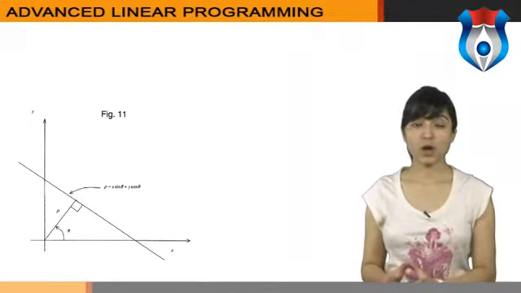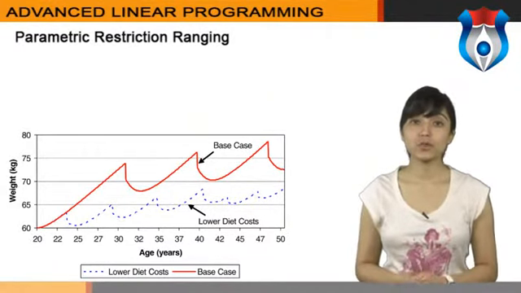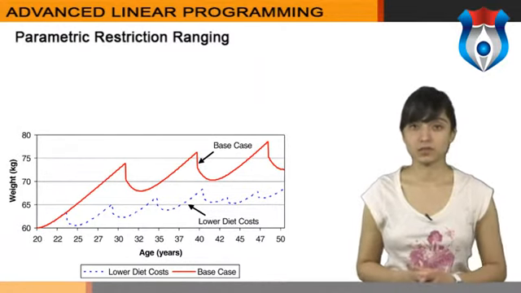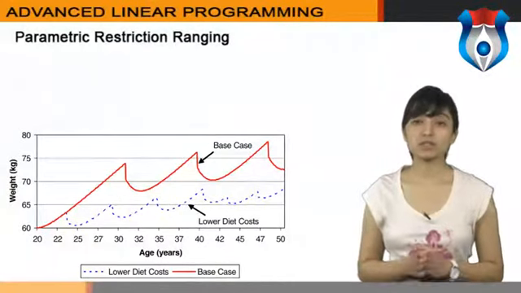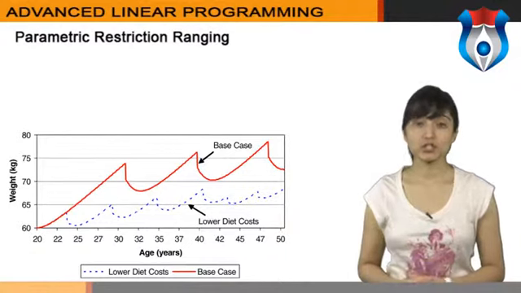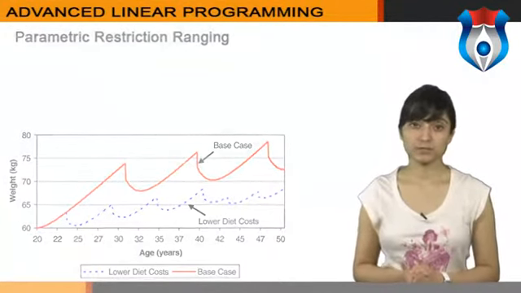Parametric restriction ranging. This option can be one of the most valuable and powerful formulation tools a nutritionist may have at his disposal. By proper use of this program, one can quickly establish a series of linear changes in his nutritional specifications and examine their effects on the diet composition and costs.